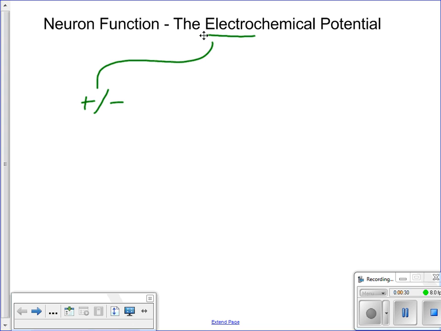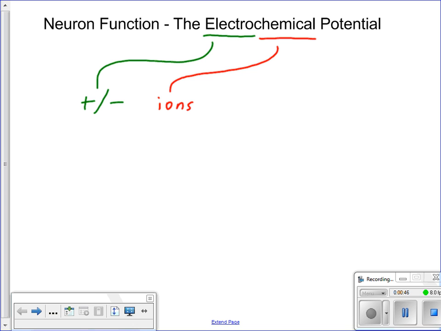The chemical portion of this term is referring to elements, molecules, compounds, but it's also associated with the electro portion because they have a charge, and that is what we refer to as ions.